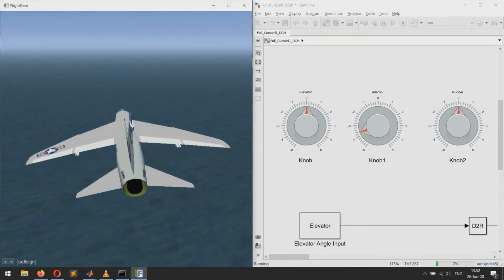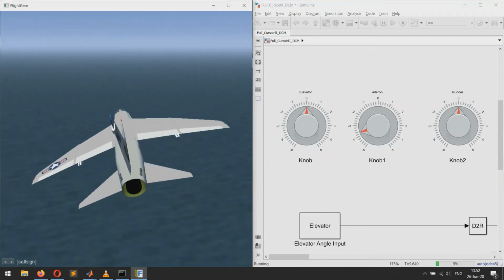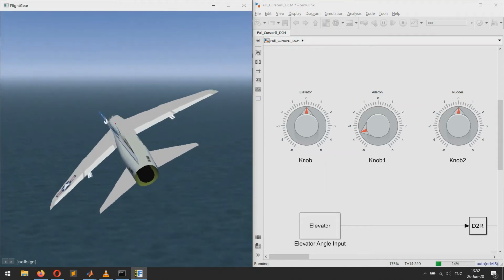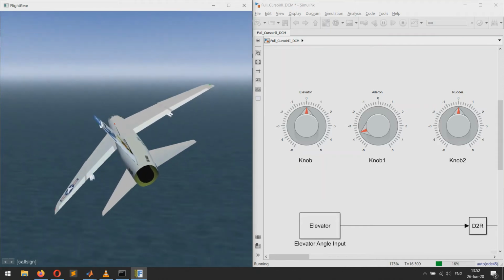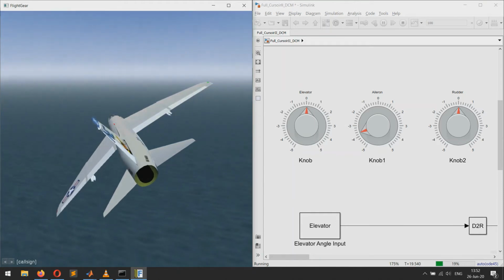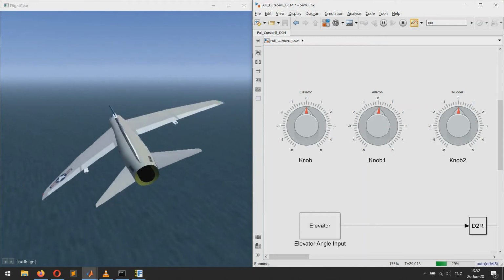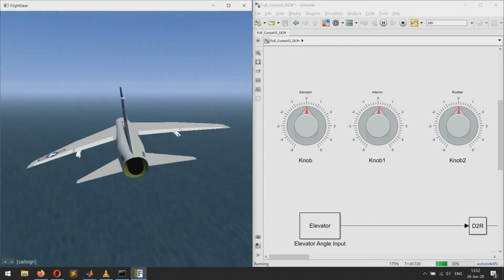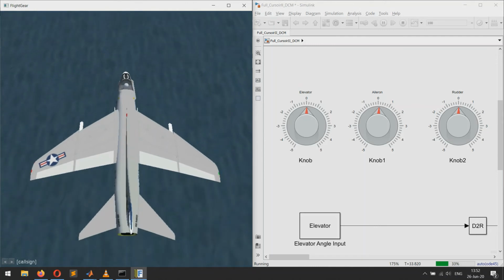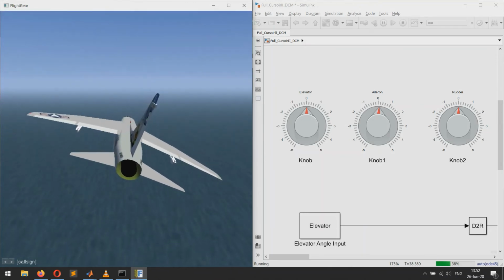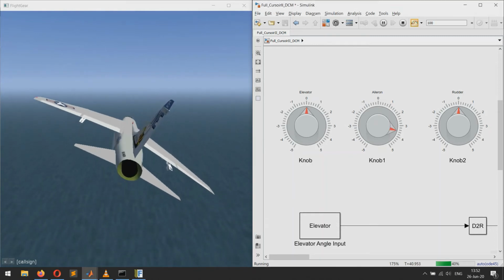Last week, when we changed the aileron or rudder angle, after a while our aircraft went very strange, going in the Y direction, with no position and no velocity in the X direction. But now, after this axis transformation, we corrected this defect, and now, as you can see, it is going very well.